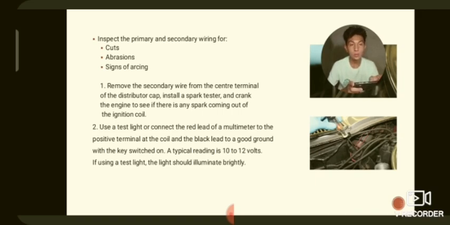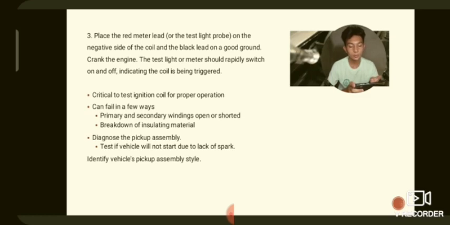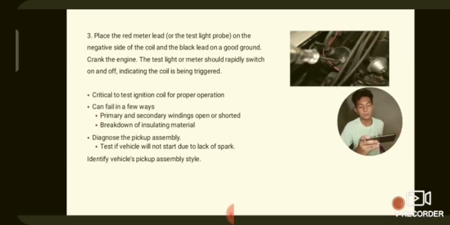So, number 3. Place the red meter lead on the test light probe on the negative side of the coil and the black lead on a good ground. Crank the engine and the test light or meter should rapidly switch off, on, off, on, indicating the coil is being triggered.